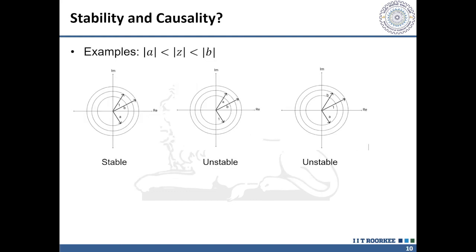Here are some examples for ROC of Z transform, and only the first one is stable as it includes the unit circle inside the region of convergence, which is between the concentric circles of radius a and b.